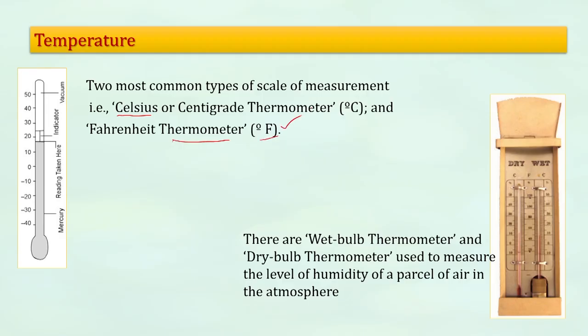And there are different types of thermometer. This is a mercury thermometer you are seeing in the picture, and there are other thermometers, the wet bulb thermometer and the dry bulb thermometer. You can see them in this picture. As an example, I would like to remind you of a climatograph.